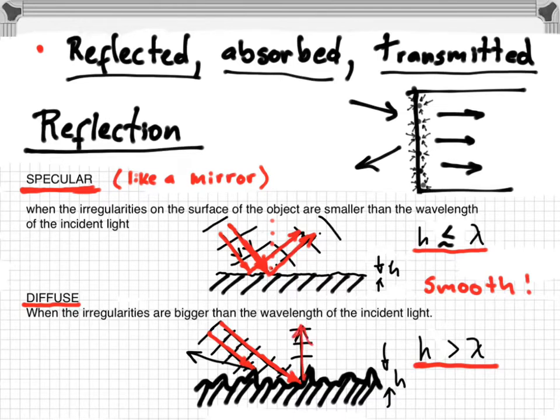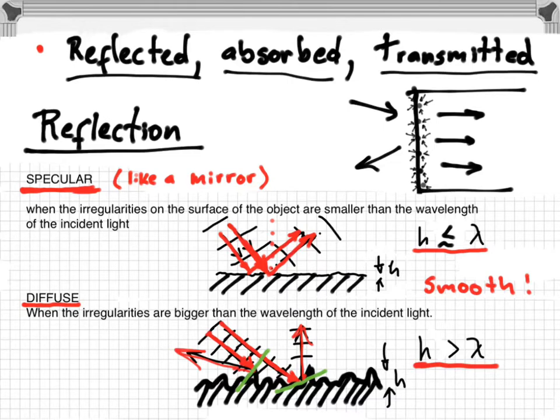If we look at what's going to happen to the top light ray, well, that one is going to hit this pointy part of the surface, and it's going to be reflected that way because locally, at the point where it hit, the surface had a slope like this. But a different light ray will hit a different part of the surface, which will have a different angle, and it will be bounced in a completely different direction.